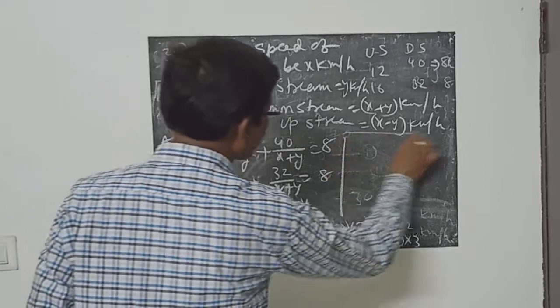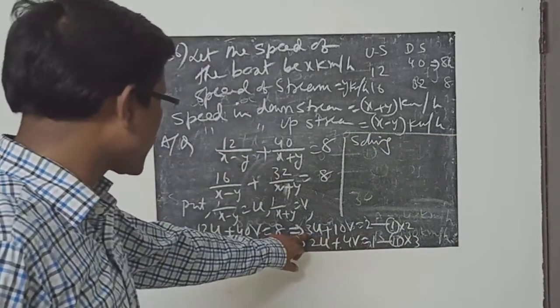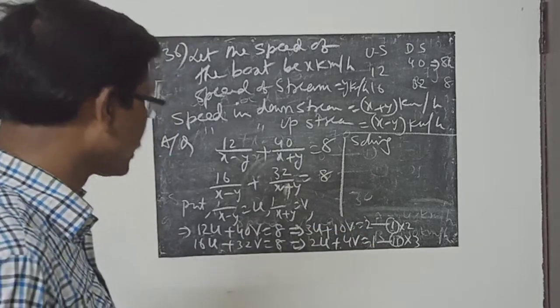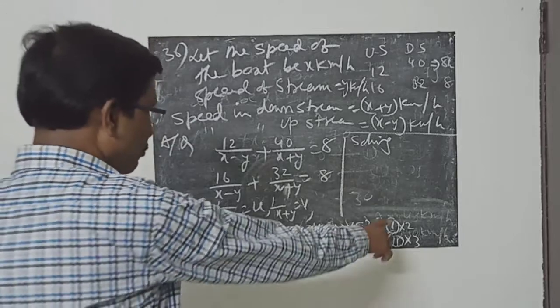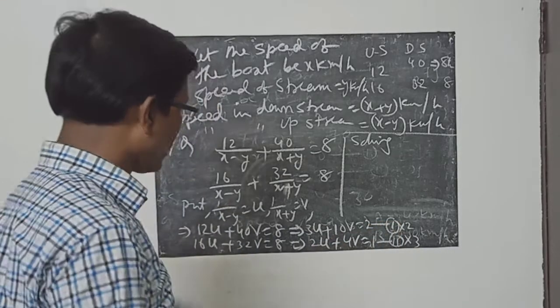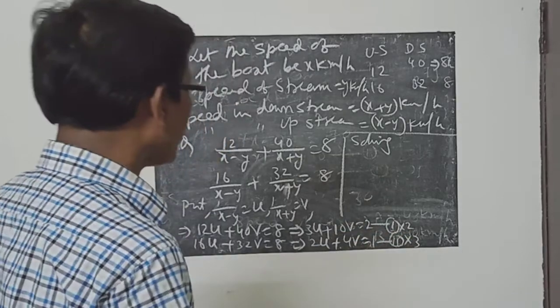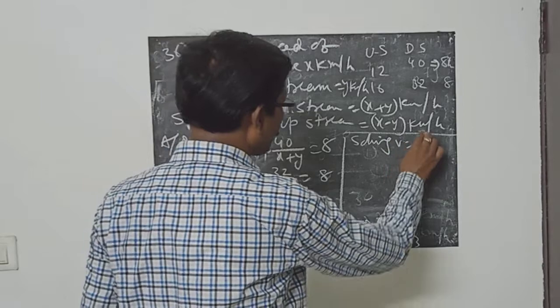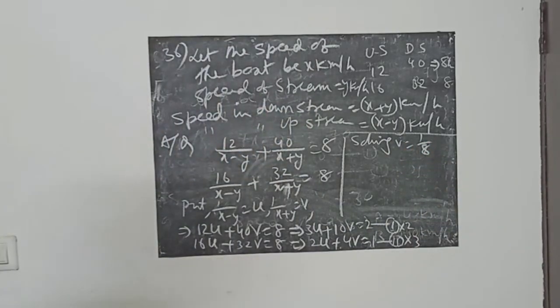So directly I am writing here, solving we get 6u plus 20v equal to 4 and 6u plus 12v equal to 3. Subtract: 20 minus 12 is 8v, and 4 minus 3 is 1, so 8v equal to 1, that means v equal to 1 by 8.